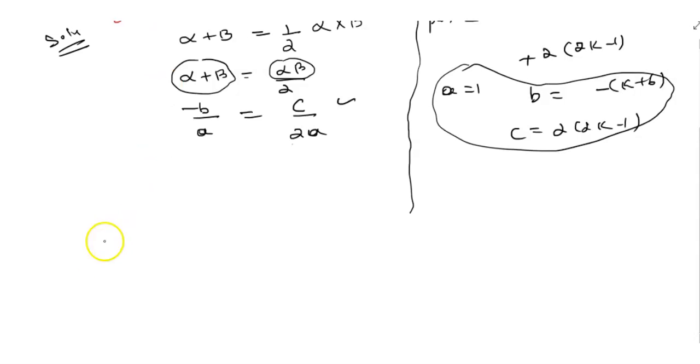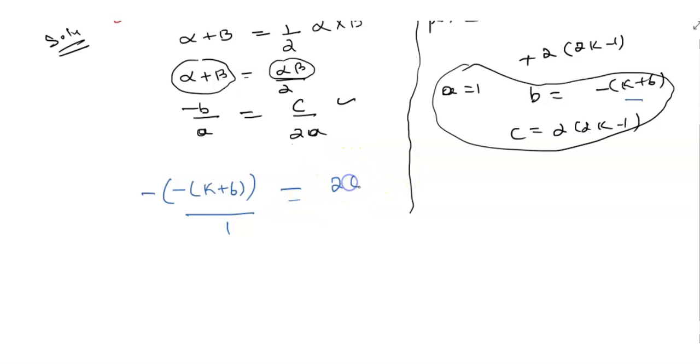Okay, let me put the values here. What is the value of b? That is minus of k plus 6. What is the value of a? 1. What is the value of c here?